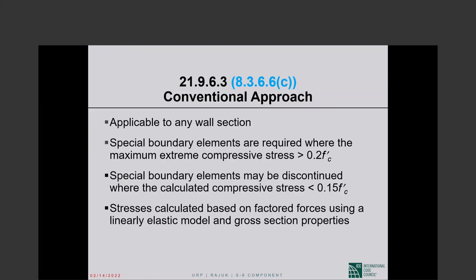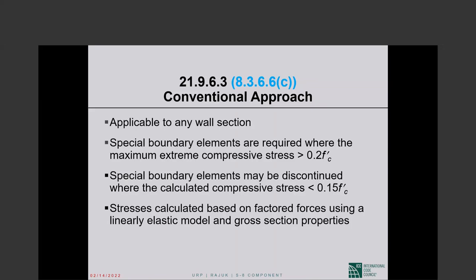And we could discontinue special confinement when that stress went below 15% of F sub C prime. In the conventional approach, we go back to those triggers.